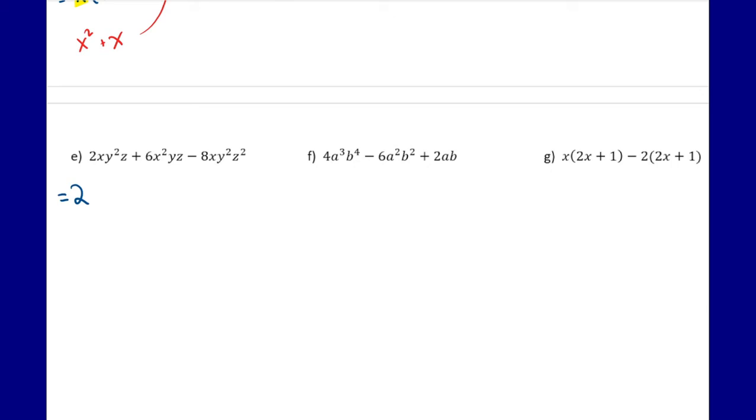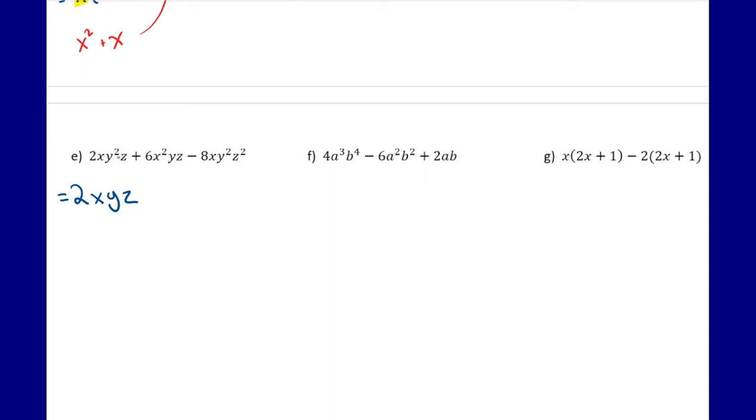Now if we look at the variables, they all have x's, they all have y's, and they all have z's. So we know x, y, and z are going to be part of the greatest common factor. And the only thing that's going to affect it is what exponent is on each of them. Well, let's look. The lowest exponent on the x's is 1, so that's what our common factor has to have.